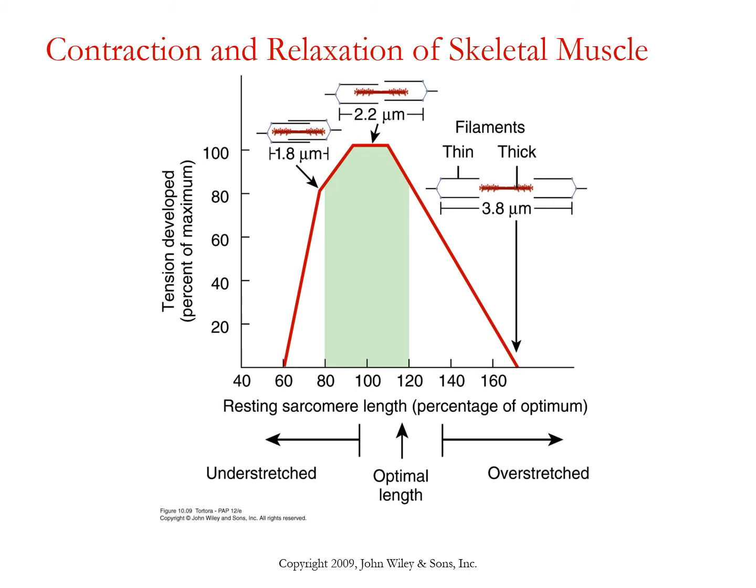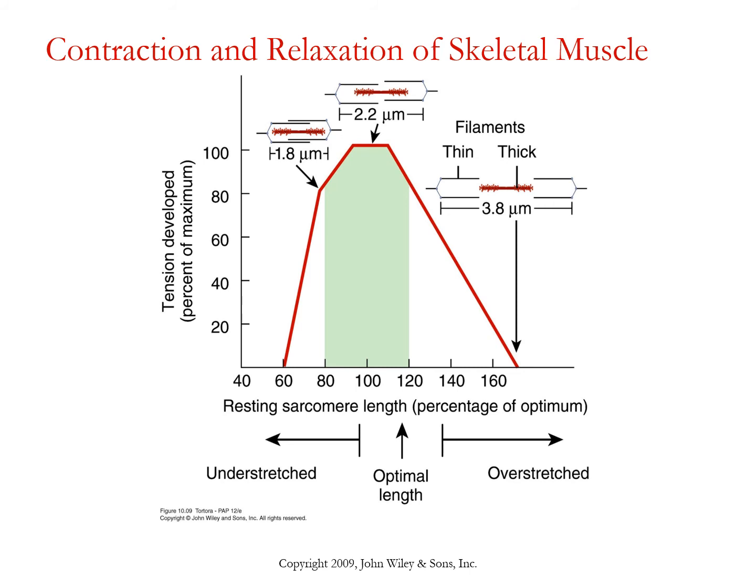Towards the left of the graph, we have an understretched fiber. This is one that's already shortened. There is already quite a bit of overlap and really not much more pulling that the myosin can do on the thin filaments to further shorten the sarcomere. Therefore, the tension or the force of contraction is diminished.